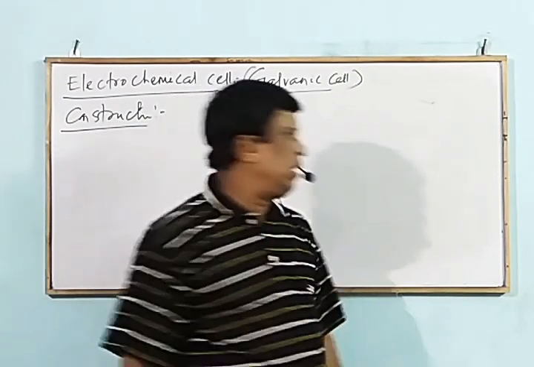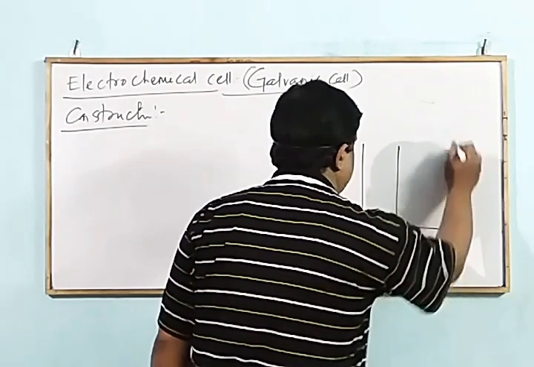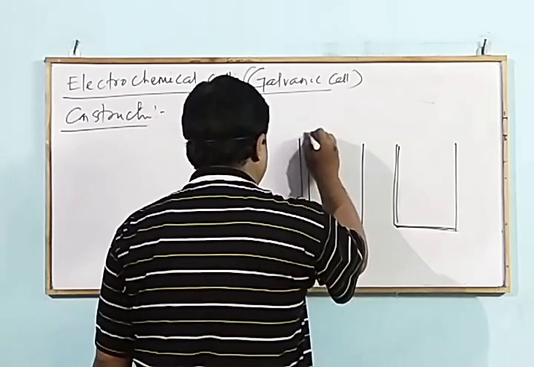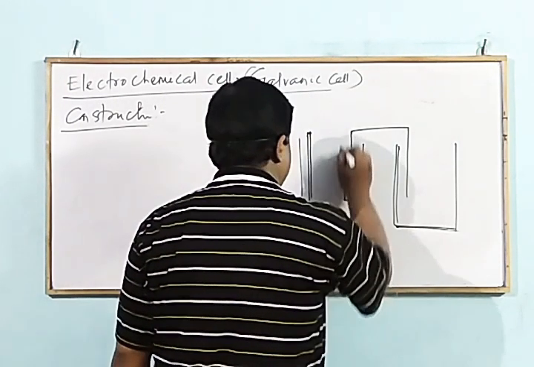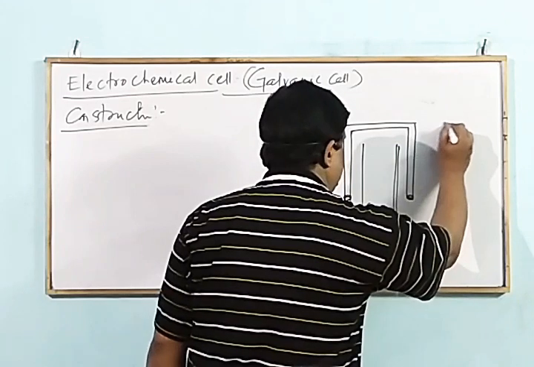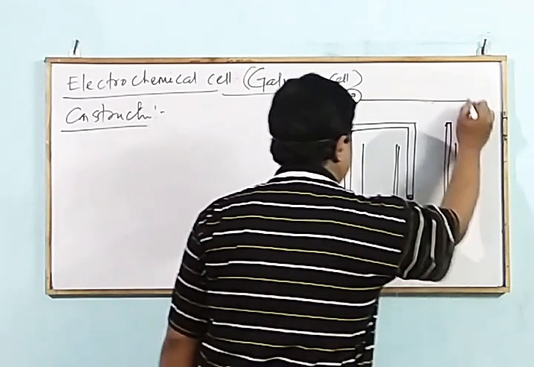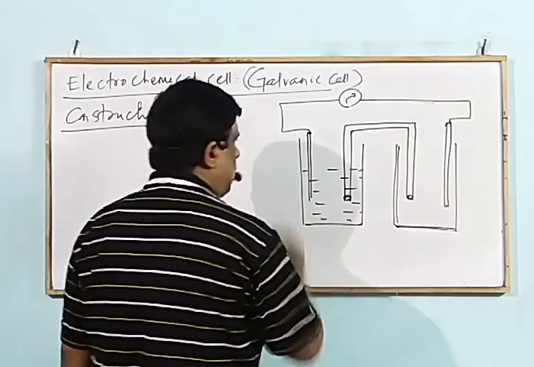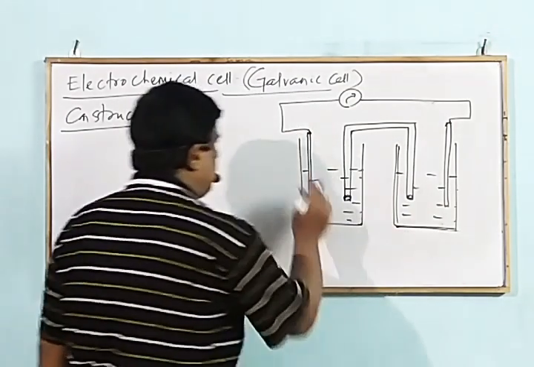Mark how they are interconnected. This one is known as left half side, that is one half cell, and this is another half cell. So mark that.